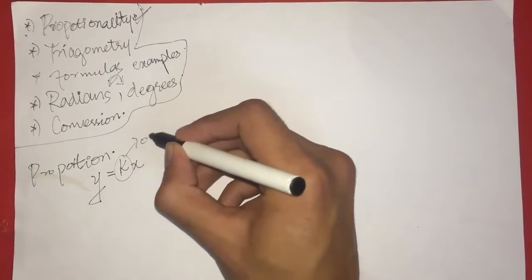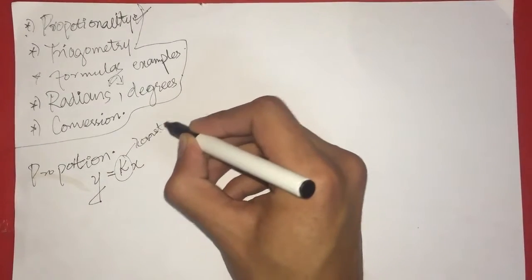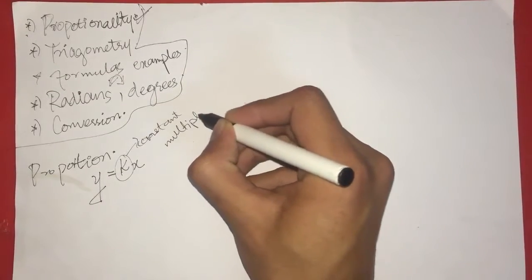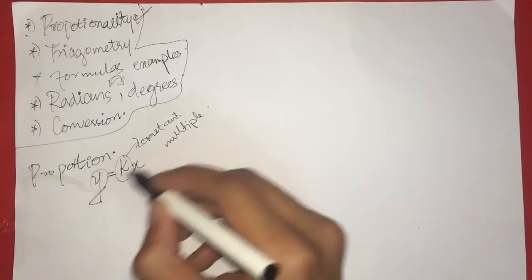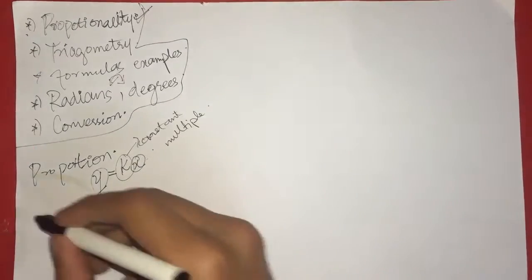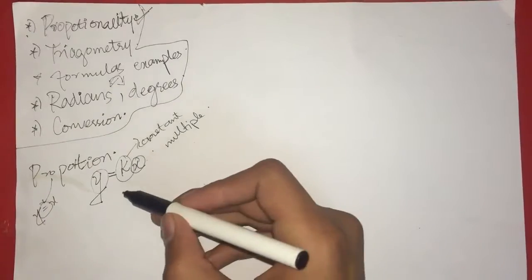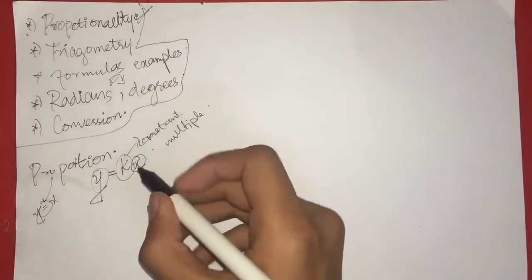This is a constant multiple: y equals constant multiple of x. For example, if I say y equals x, that means it's equal. But proportionality means y is proportional to x, somehow related to x in some way.